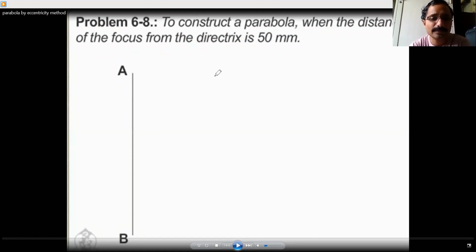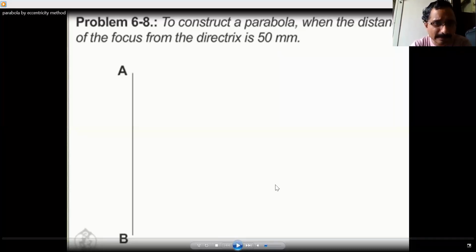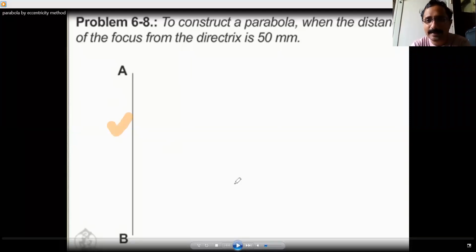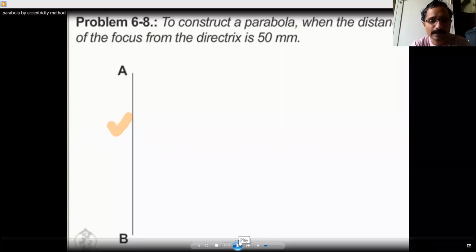Coming to the solution part, let us say this is the directrix line AB. After drawing the directrix line, I am going for drawing the axis CD. Just observe the animation part.